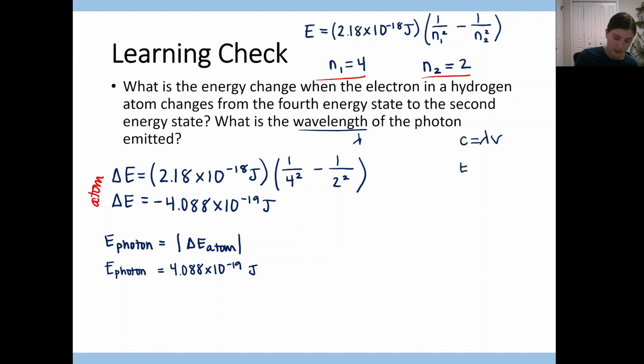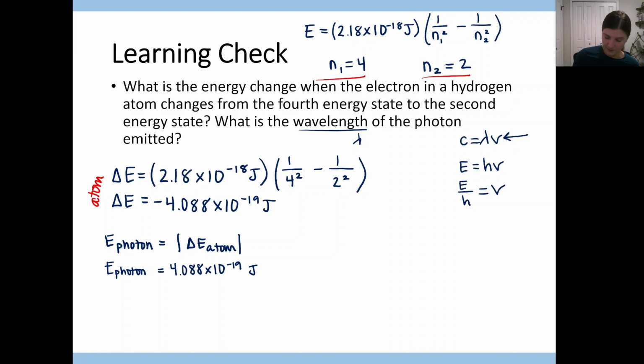But we also have this equation that energy is equal to Planck's constant times frequency. So we can rearrange where energy divided by Planck's constant is equal to frequency and plug this into this equation up here.